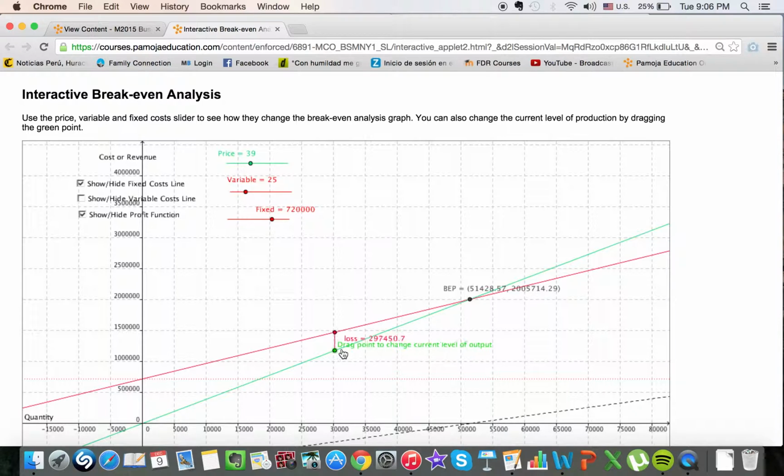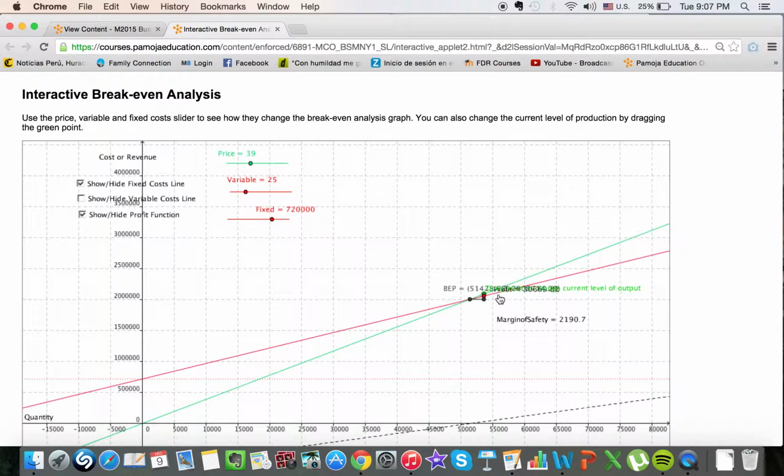Let's say I produce exactly at my break-even point. If I produce exactly at my break-even point, there is no profit because my total cost curve is equal to my total revenue curve.